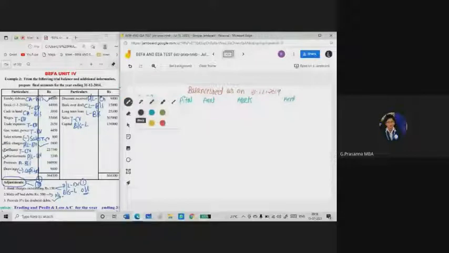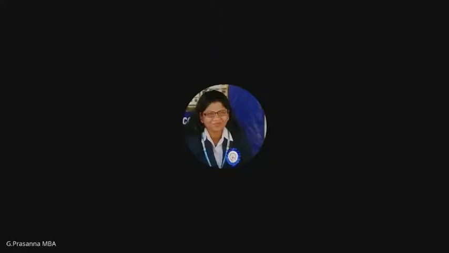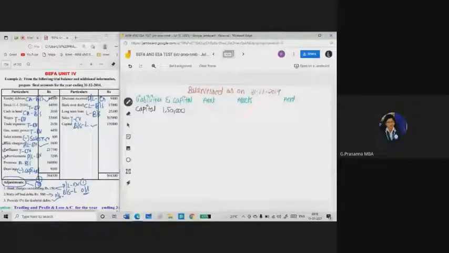Okay, first on the liability side of a balance sheet, you write the capital and you take the capital amount in the inner column. What is the capital here? Okay, here it is 1,50,000. Okay, why I have to write the capital amount in the inner column is you need to do certain working for that, because in the profit and loss account, if you are getting net profit, you have to add it to the capital.